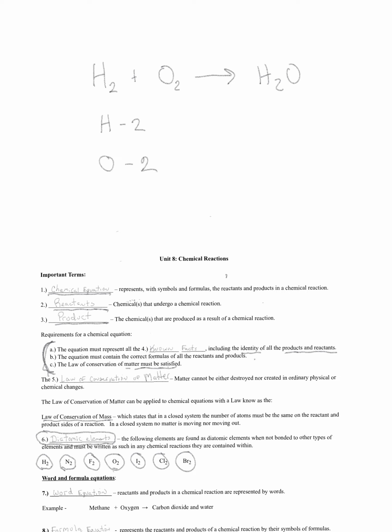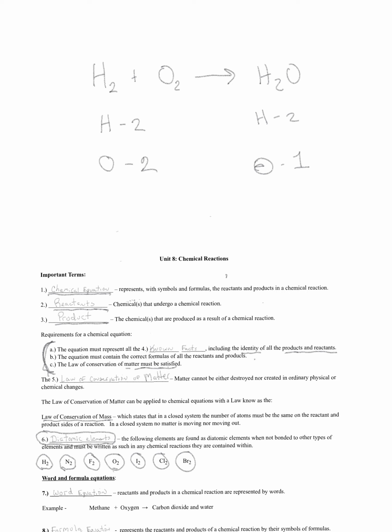But look on the product side. I have 2 hydrogens, but here's the problem. If I look at the oxygen, there's only 1 on this side. I've broken the law of conservation of matter, so I need to make sure I have the same on both sides. And this is where we start introducing balancing chemical equations. I need to write this equation to account for all the elements. They can't just disappear.